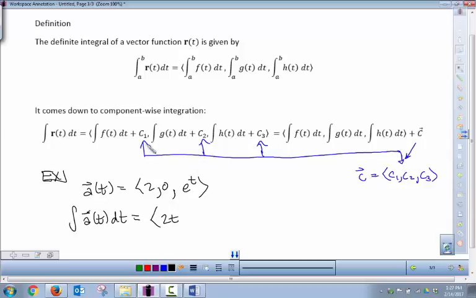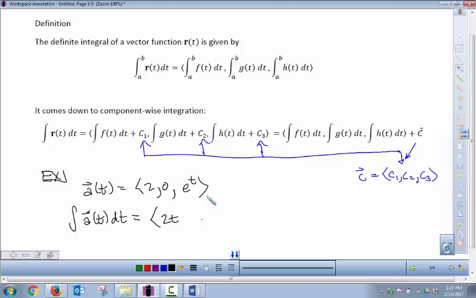Now, we can establish this now or later if we want a norm for our class. Do we want to add a plus c for each component, or do we want a plus c vector at the end? Plus c vector, I don't know which is easier. It's all the same, to me at least.